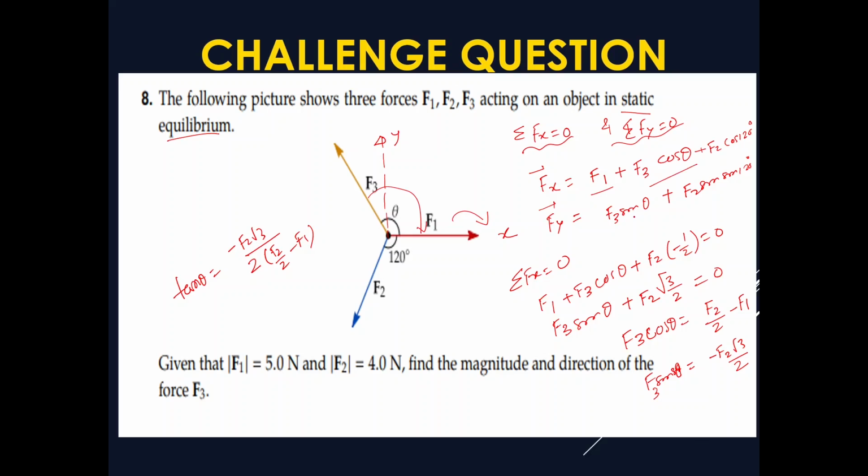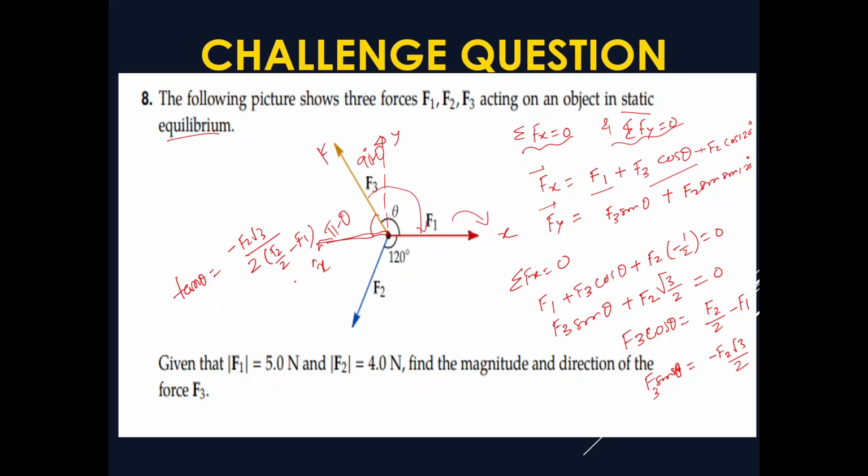Sometimes you might find it difficult to see why F3 cos theta in this direction, since this theta is greater than 90 degrees. You can also take this as 90 degrees minus theta and divide it, and again this you can take as the negative x direction. This will be pi minus theta, so you can divide this F3 in this direction also.